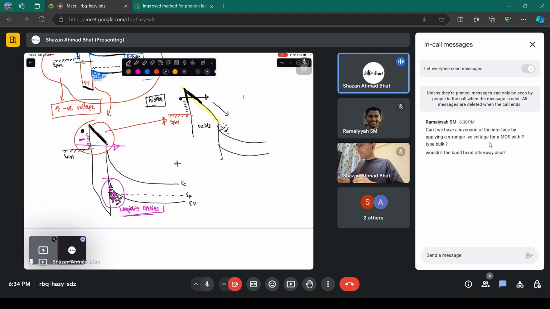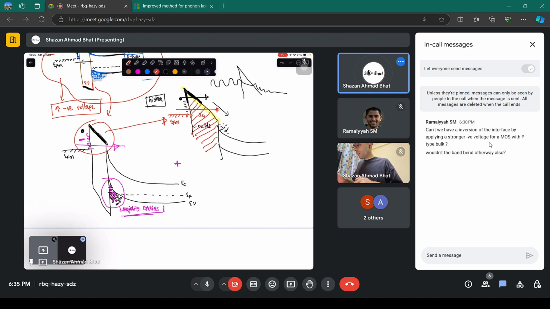Tunnel means if there is a triangular barrier, the electron wave function leaks and appears on the other side, and it gives rise to current, gate current in this direction, which is not desirable in your logic gates or logic circuits which control your ones and zeros. You don't want the current to flow from the gate towards the semiconductor side. That's why there is this particular oxide.